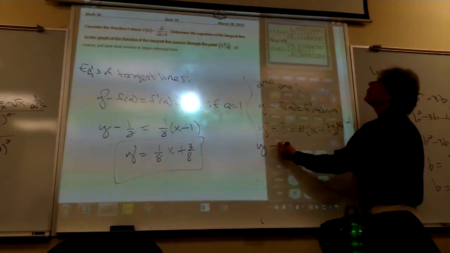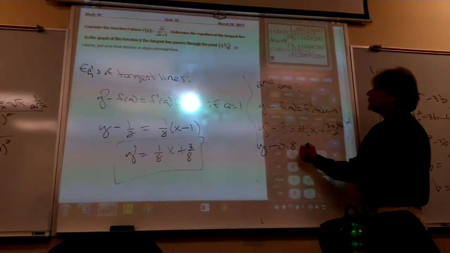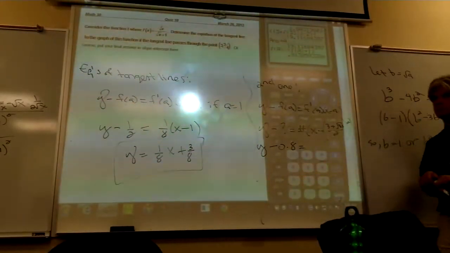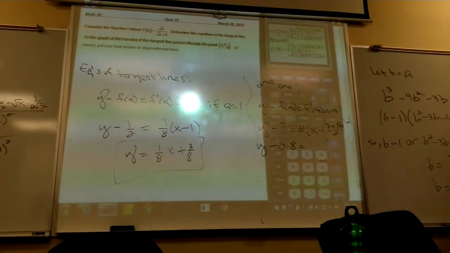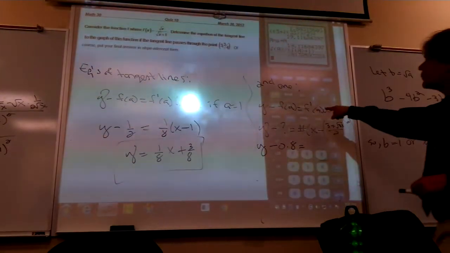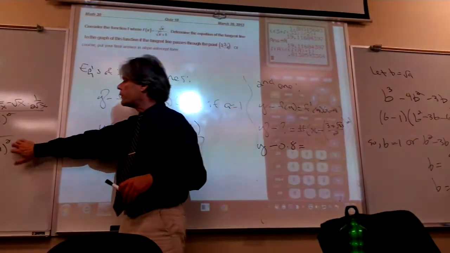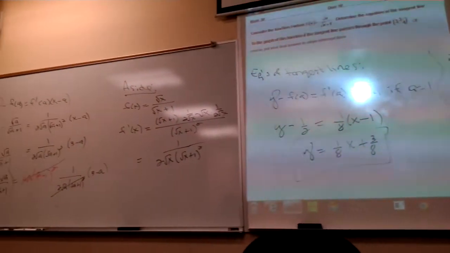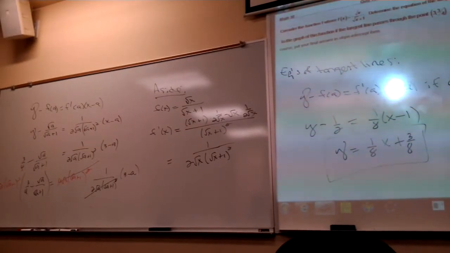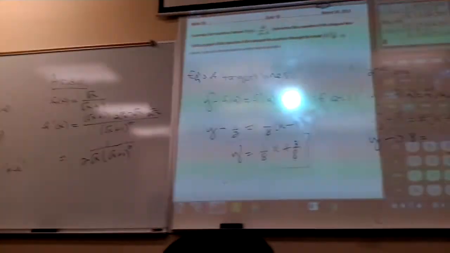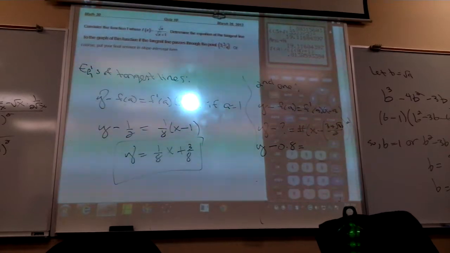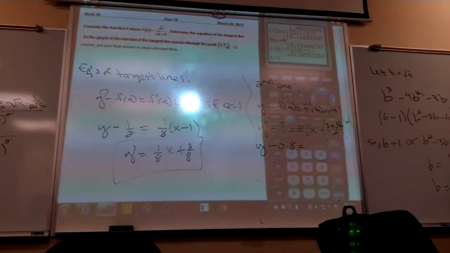And so I think my equation becomes this. y minus 0.8, we'll approximate, is equal to my pound symbol. Oh, but to compute pound symbol, that's nothing more than my first derivative function evaluated at that value of x, or a, that came up to be 19.1. Let's evaluate it. Okay guys, help me. Is this going to be 1 divided by 2 root x? Root a, whatever you want to call it.